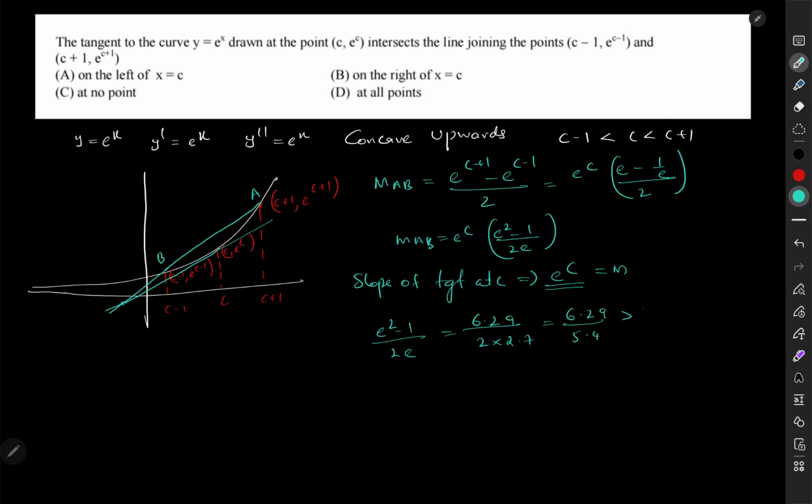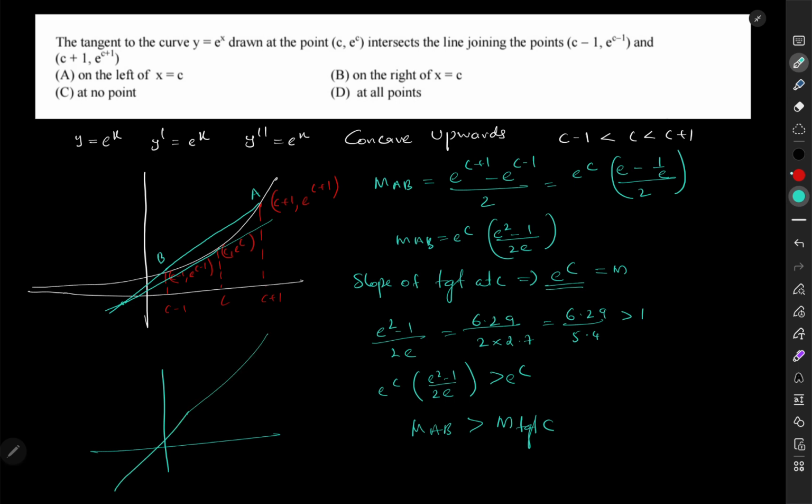It will be greater than 1. So e power c into e square minus 1 by 2e will be greater than e power c. So it is clear that the slope of AB is larger than the slope of the tangent at C. Obviously they will meet on the left side of x equal to c. So option A.